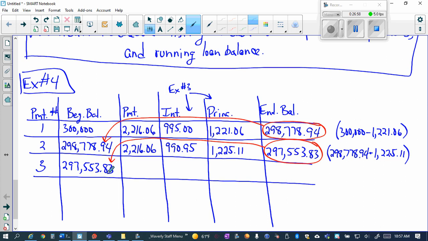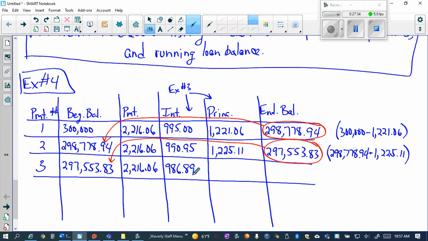297,553.83. Our monthly payment never changes, 2216.06. And now we do, just like in example 3 again, our new interest payment. So we take our 297,553, multiply by 0.0398 divided by 12. And now we have an interest portion of our payment of 986.89. See, the interest portion is going down, which means then the principal portion must go up to keep the payment the same.